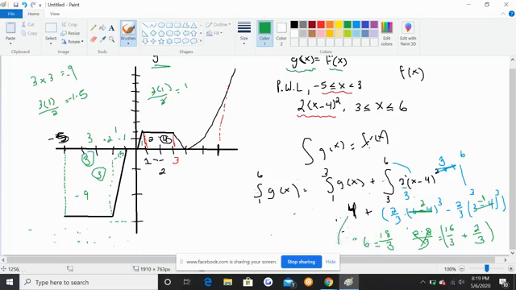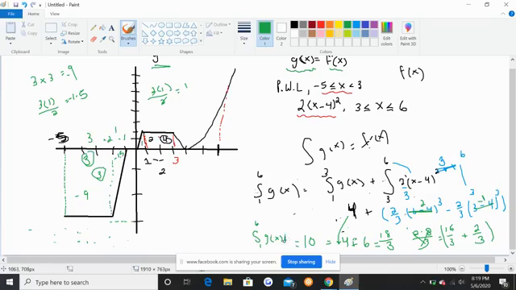And now we bring this back, don't forget about this 4. Now we have to add that. And so all together we get that 10 is the answer, right? 4 plus 6. And we know that 10 is equal to the integral from 1 to 6 of g of x dx.